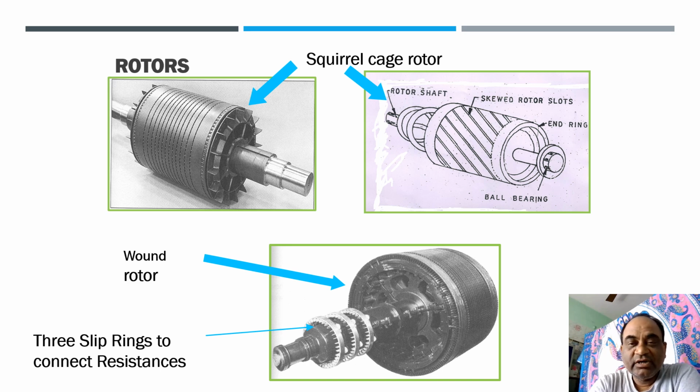Rather, they are shorted and form the closed circuit of the rotor, and they rotate because of the induced EMF in the rotor. So, in principle, both of these rotors operate in a similar way, not exactly the same, but similar. So that is it.